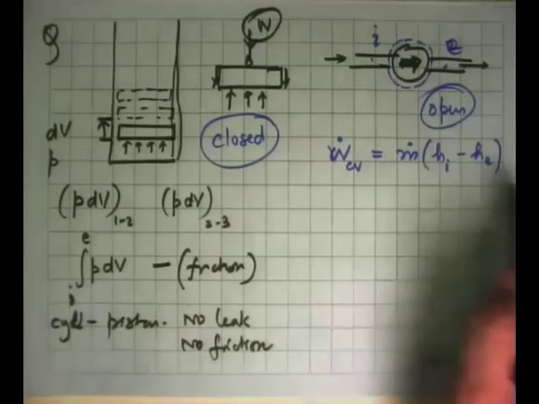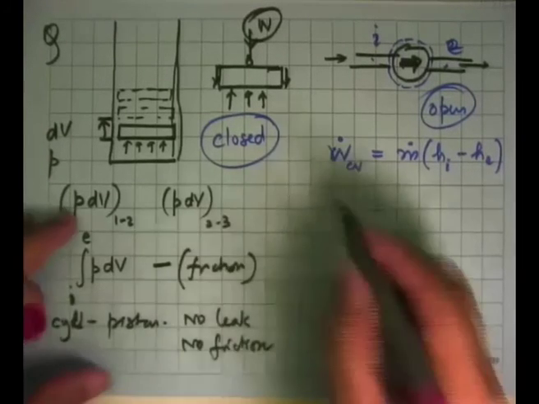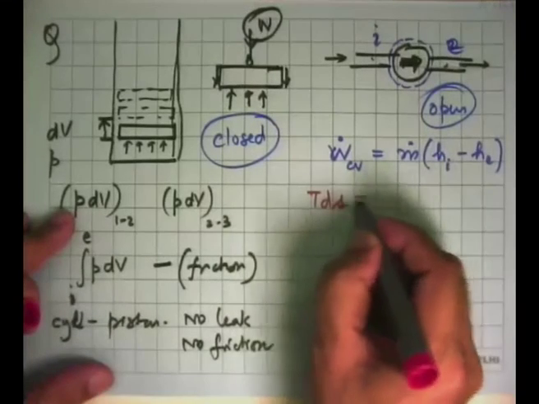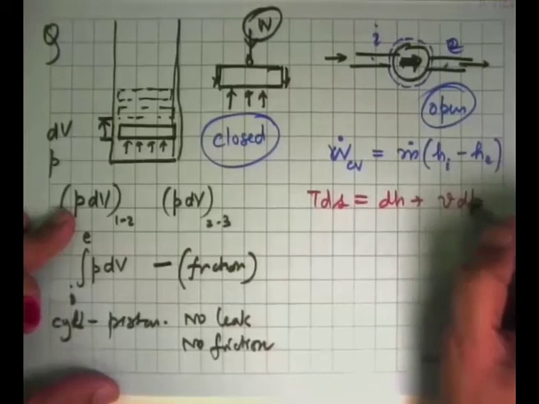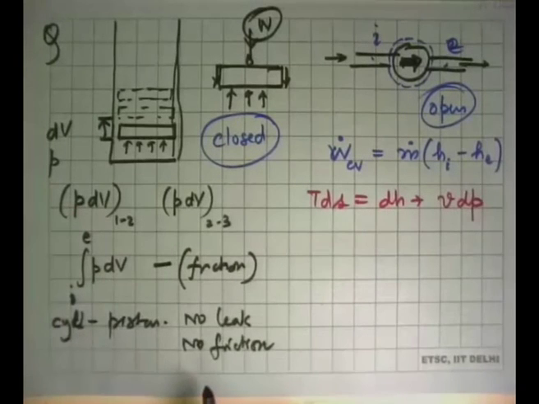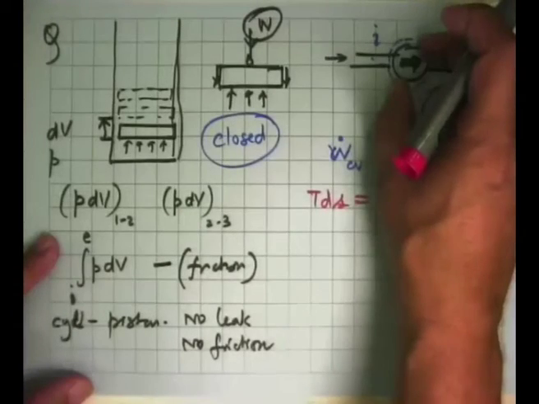We can calculate hi, he from the table if you want. But what we do here is we exploit the fact that we have another equation, TdS is equal to dH plus VdP. This is a relation between properties. So it's always true. We are assuming the pump to be isentropic and adiabatic.